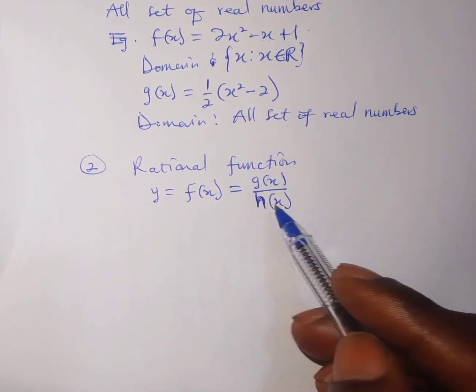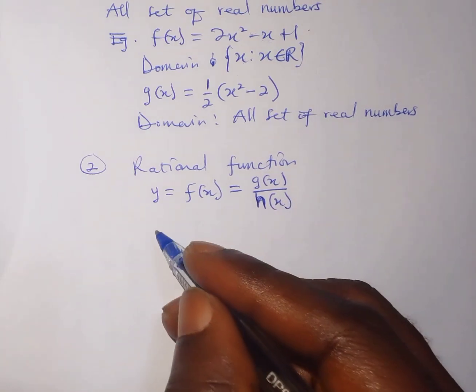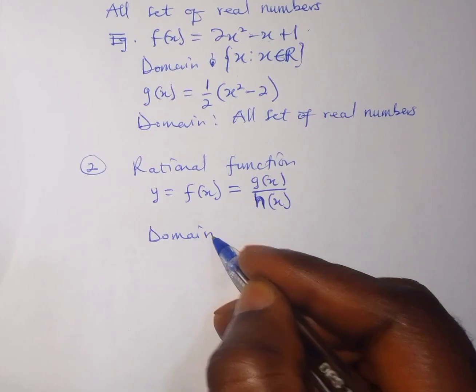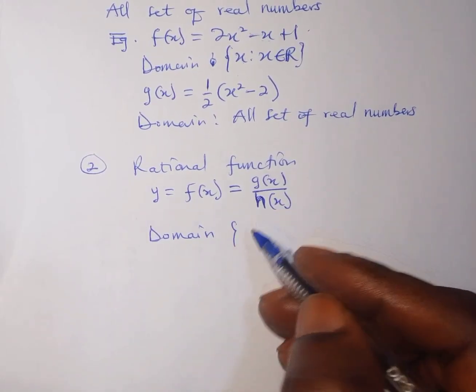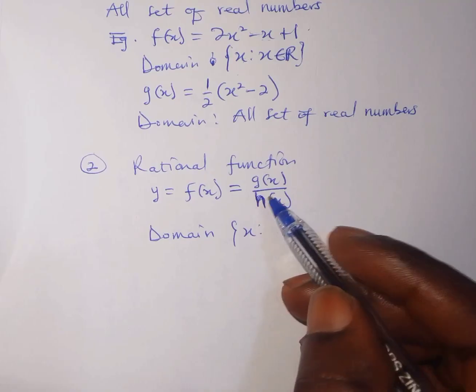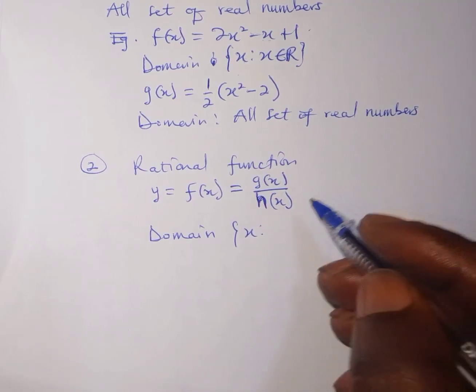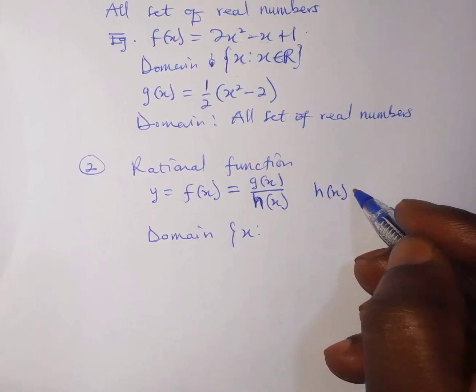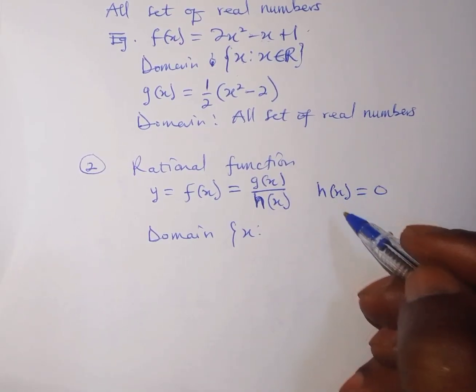We consider the denominator. So in this case, the domain is given as x is such that... So always, if you are given a rational function, you need to equate the denominator to 0 and solve for x.